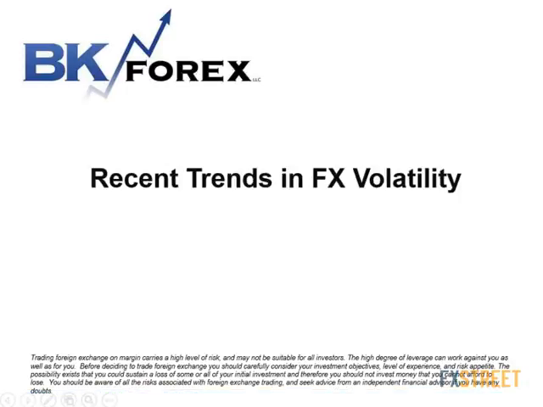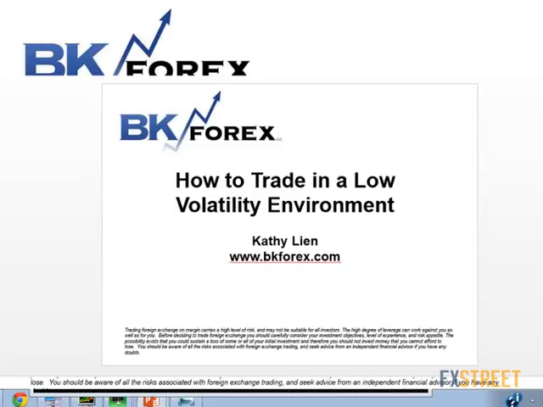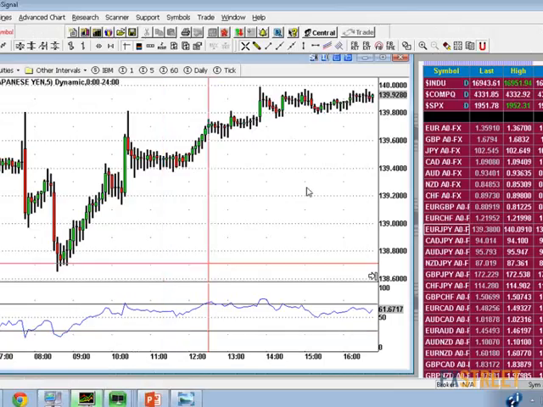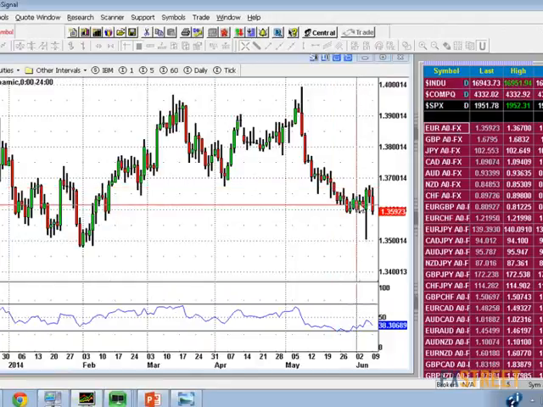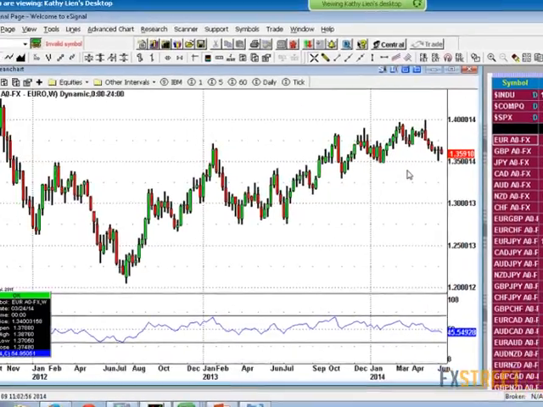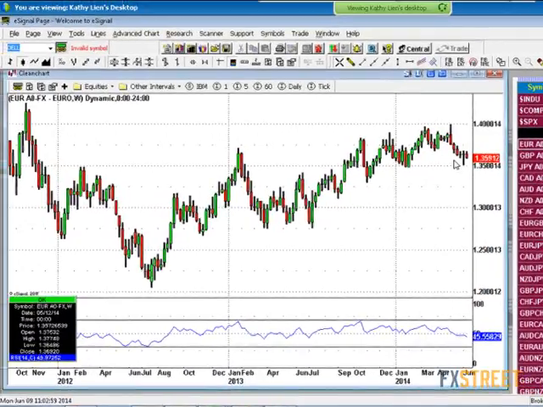Okay, so let's take a look at some of the recent trends in FX volatility. I'm going to start by showing you my charts, and we're just going to look at the daily charts. Even with some major event risk, like the ECB deciding to ease monetary policy and the Federal Reserve beginning the process of tapering, we've been stuck in a pretty consolidated range in most of the major currency pairs since, I would say, September, October of last year.